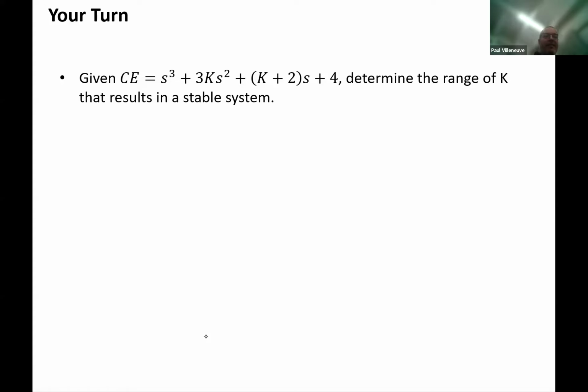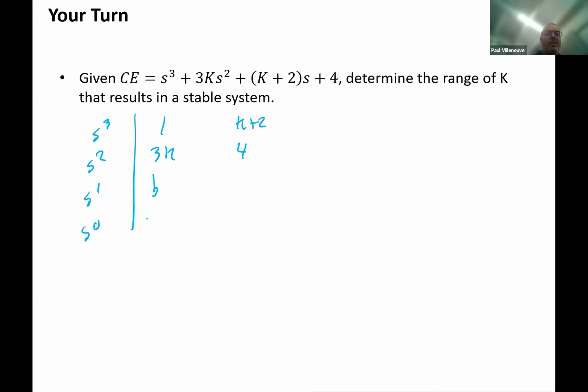Here, I'll be magnanimous. I'll give you our Routh-Hurwitz tabulation. 1, K plus 2, 3K, 4. You only have 1B to calculate, right?